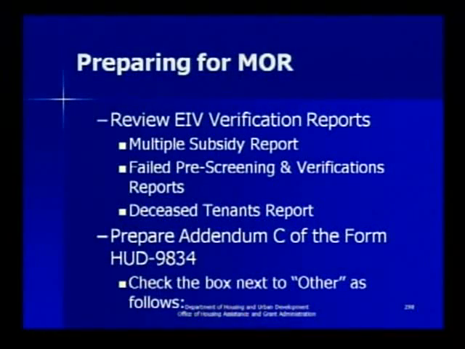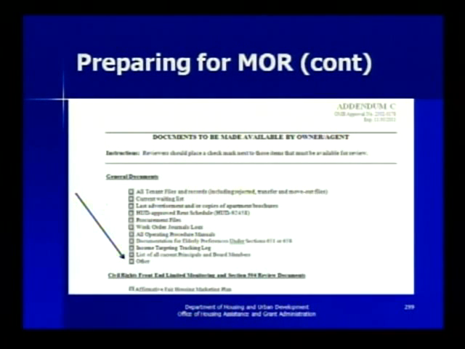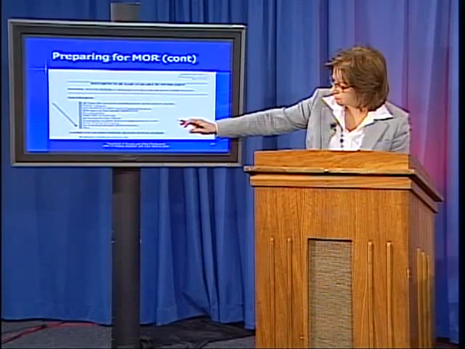That would be the multiple subsidy report, deceased tenant report, the failed pre-screening and verification reports. Prepare your addendum C, and under this section of other, you'll check, for the time being until the form's revised, other. Here's the slide of the addendum C form where, as we indicated last year, you would be checking other.